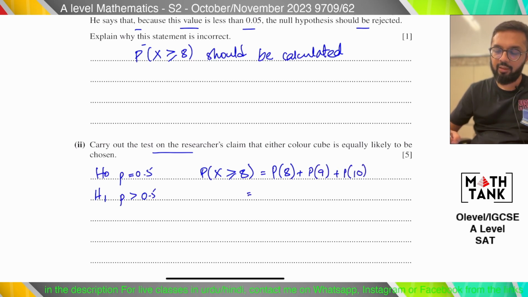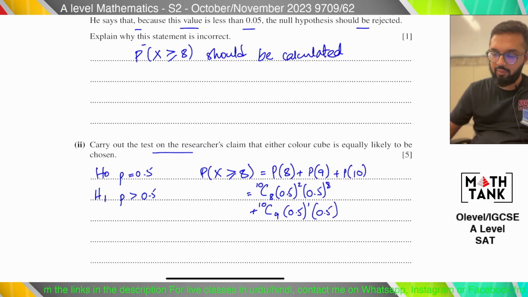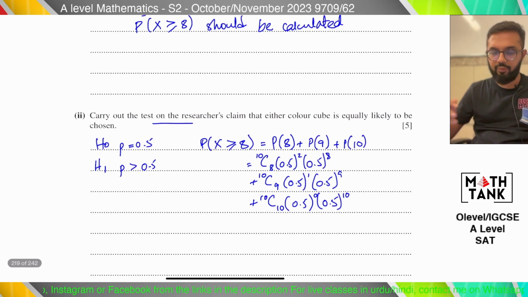So I'm going to write 10C8, with both probabilities 0.5, plus 10C9 and 10C10.